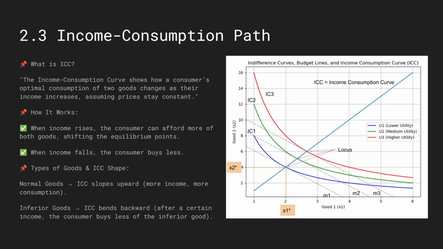When income rises, the consumer can afford more of both goods, shifting the equilibrium points. When income falls, the consumer buys less. So when the income rises, our budget line rises, and when the income falls, our budget line falls.